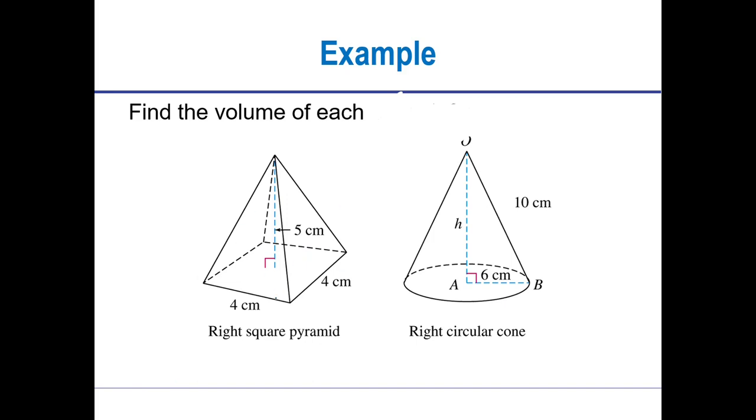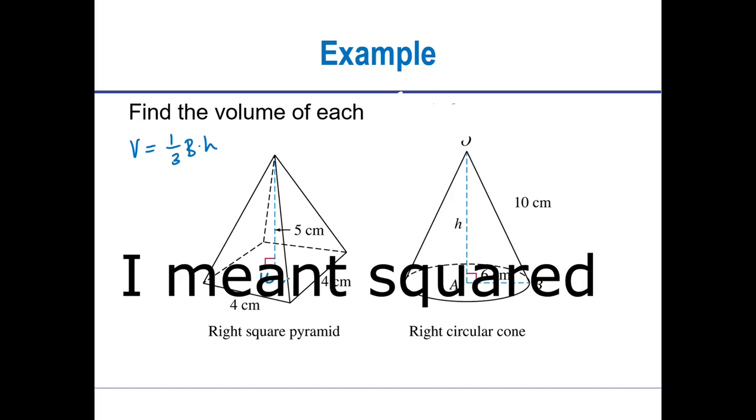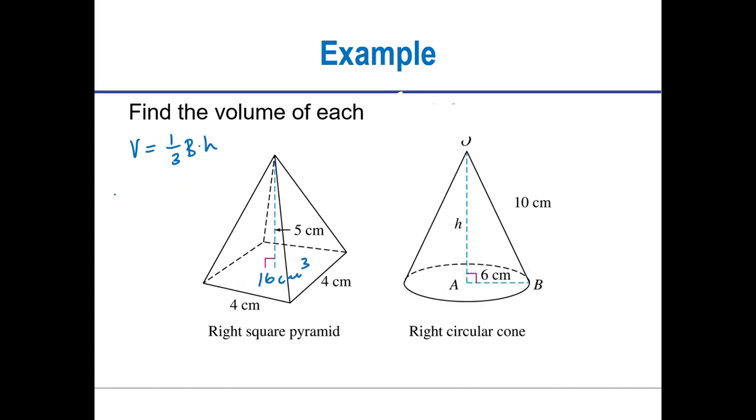The first figure is a right square pyramid, so we'll use the formula volume is equal to 1/3 base times height. In our case, the base is the area of the floor, and that's going to be equal to 16 centimeters squared because the length and the width is 4 centimeters.